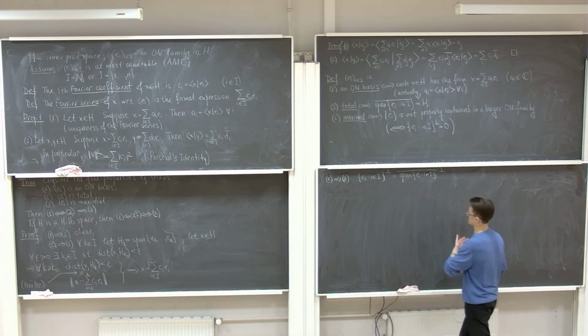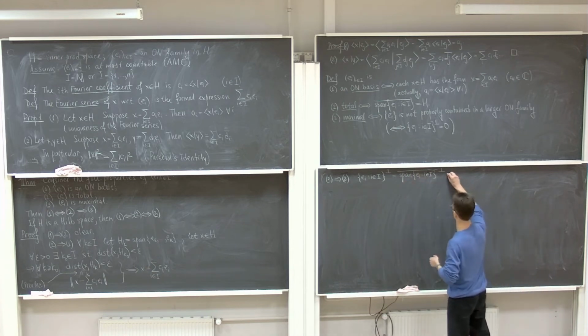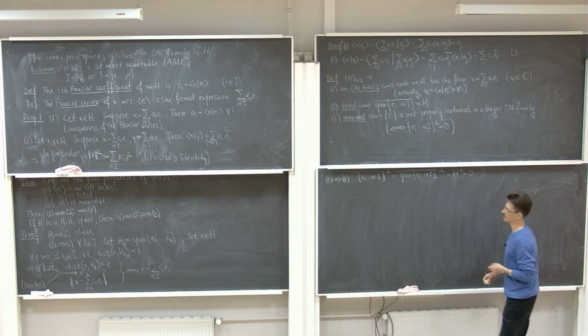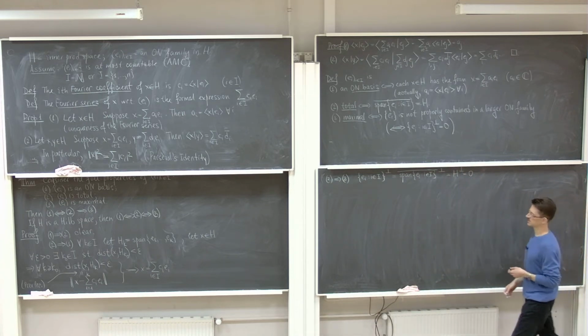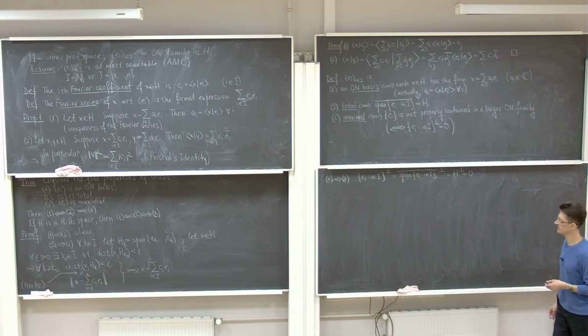But by assumption, EI is total, so the closure of this linear span is H, and the orthogonal complement of H is 0. So this orthogonal complement is trivial, which means that EI is maximal.